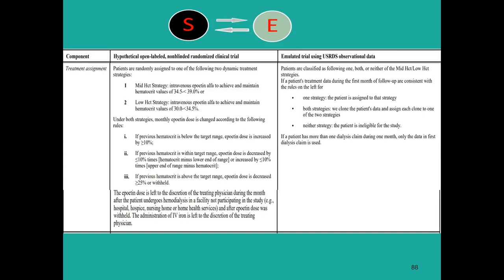That was the eligibility criteria. So they're not new users of ESA. However, they are the new users of the treatment strategies that we want to compare, meaning that at time 0, that's the time for treatment assignment.